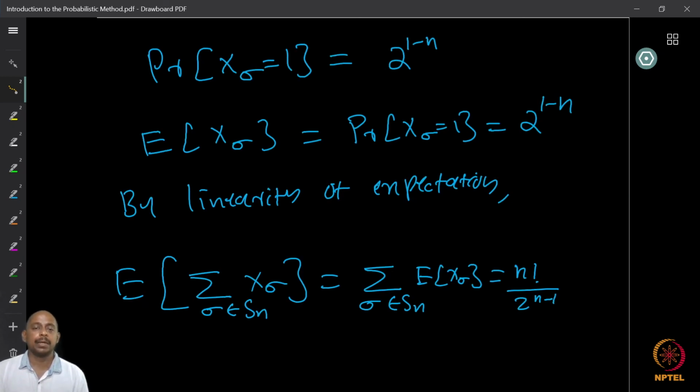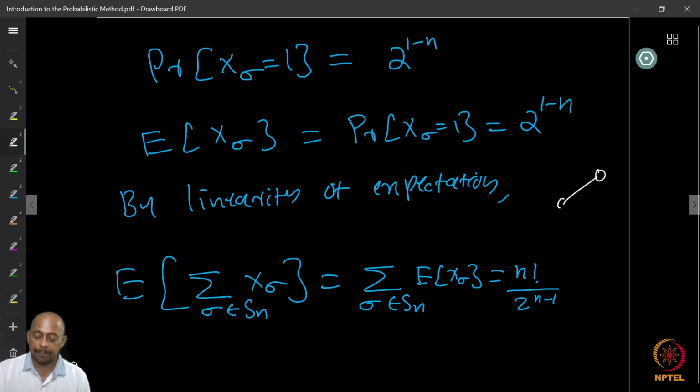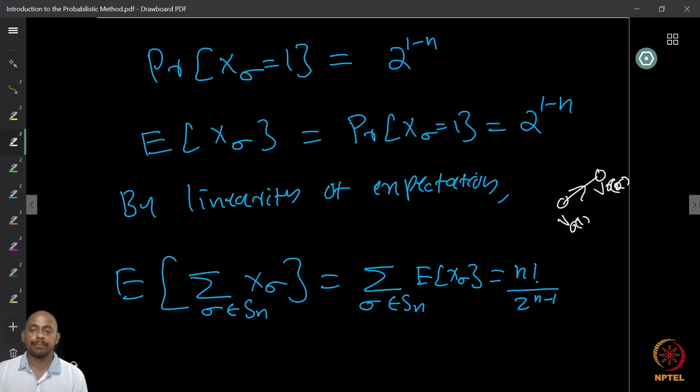Now, what is the probability of the random variable taking the value 1? The probability that sigma gives a directed path. Well, each edge has the same probability of being oriented u to v or v to u. Now, if V sigma 1 and V sigma 2 are taken, then what is the probability that the edge is from V sigma 1 to V sigma 2? Because we decided to give the direction either way with the same probability, it is half for one of them.